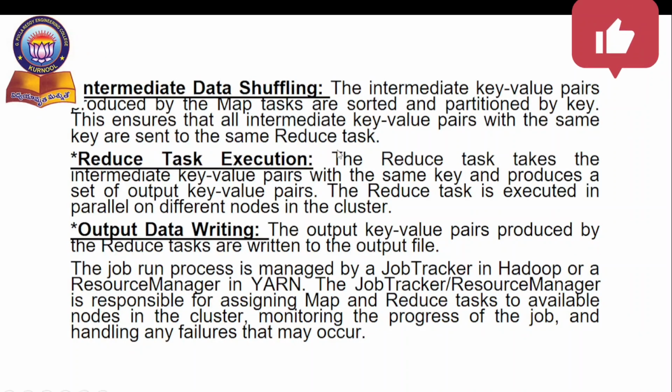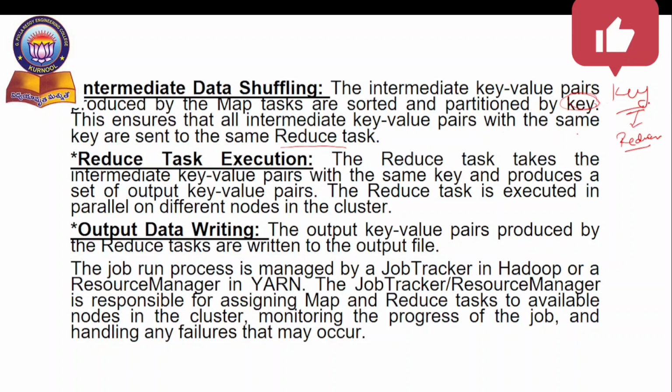Now, intermediate data shuffling. The intermediate key value pairs produced by map tasks are sorted and partitioned by key. So based on a key, the values will be shuffled. This ensures that all intermediate key value pairs with the same key are sent to the same reduce task. That is, whatever data is mapped with the key will be passed as an input to one single reducer.